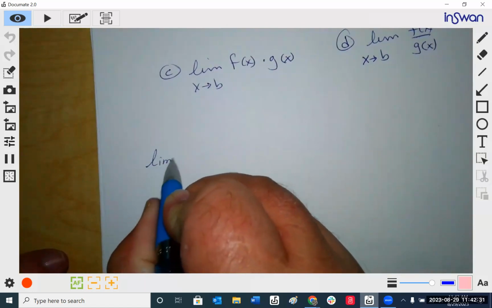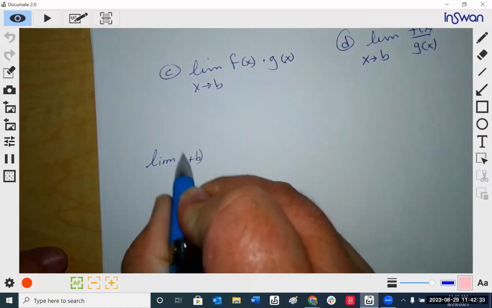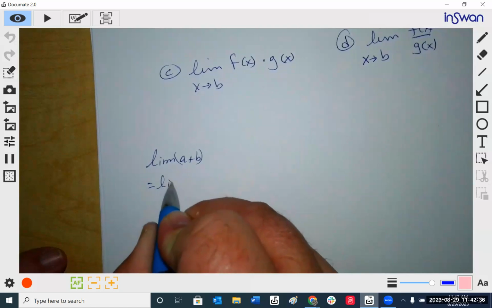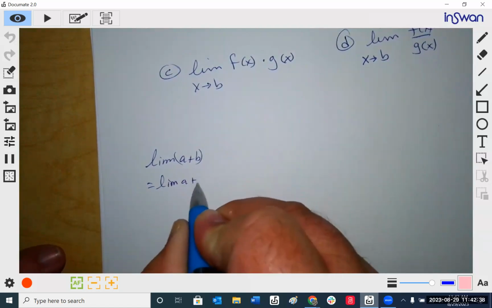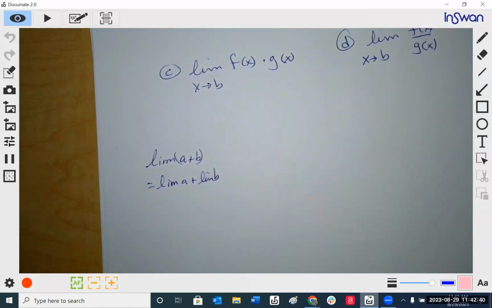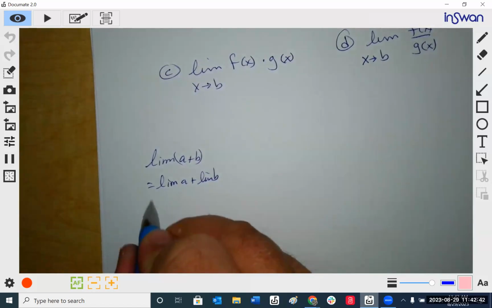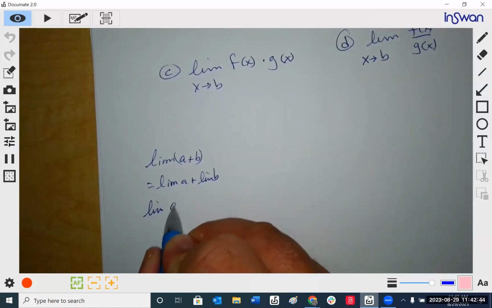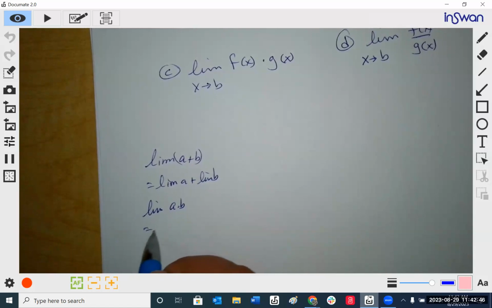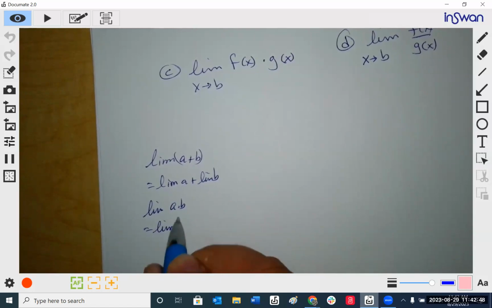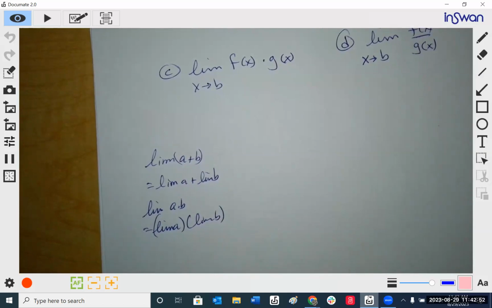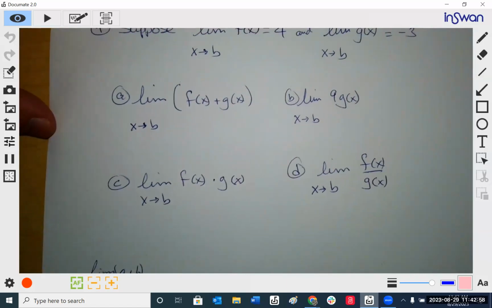If I had the limit of A plus B, that's the same thing as the limit of A plus the limit of B. The limit of A times B is the limit of A times the limit of B. Basically, that's just saying how we distribute and work it out. So we really don't have to do much.